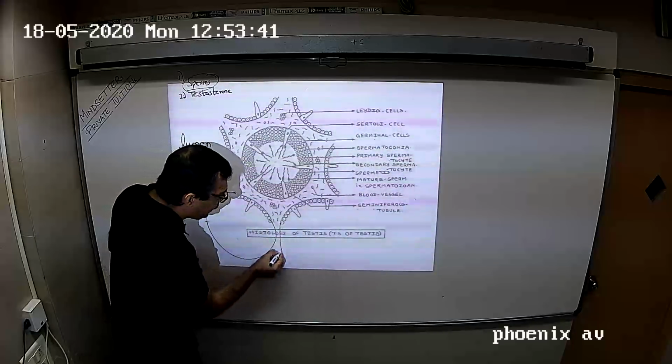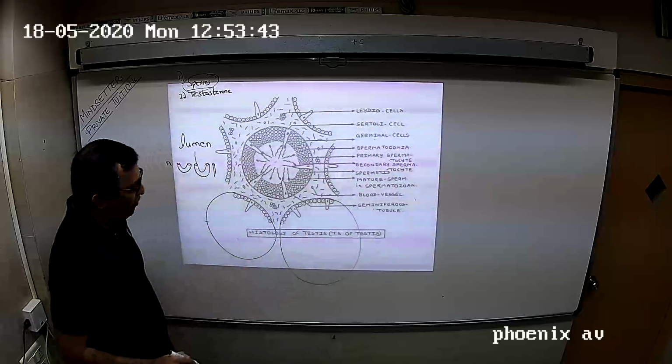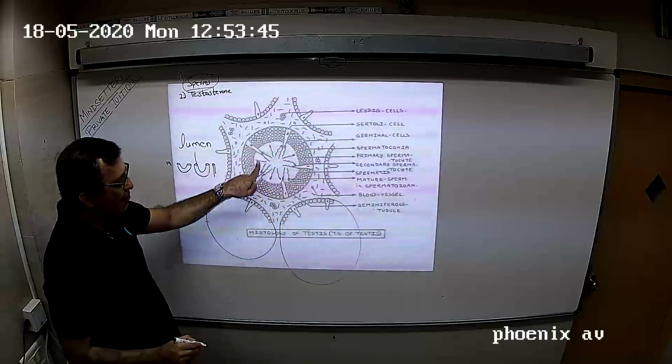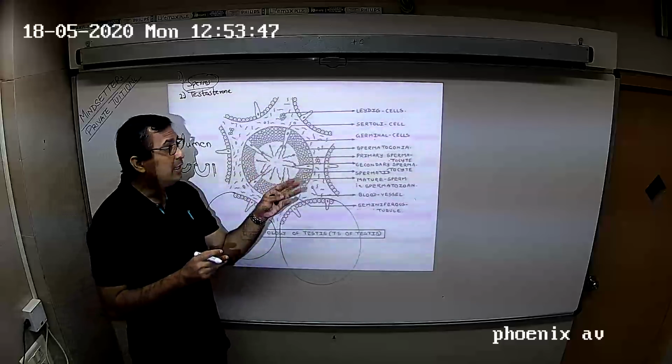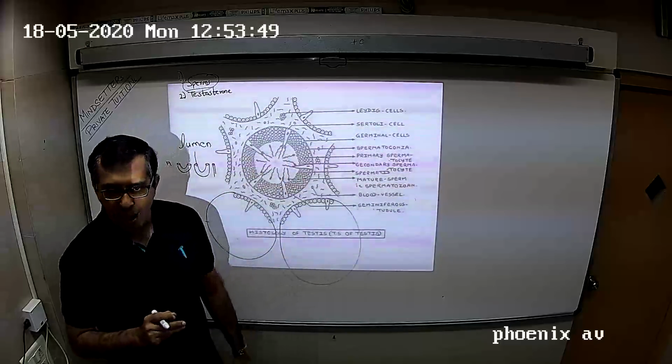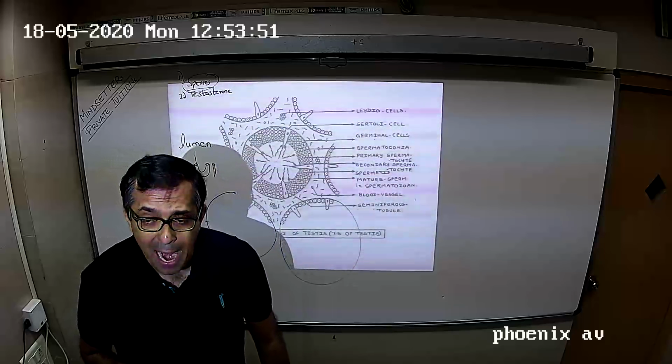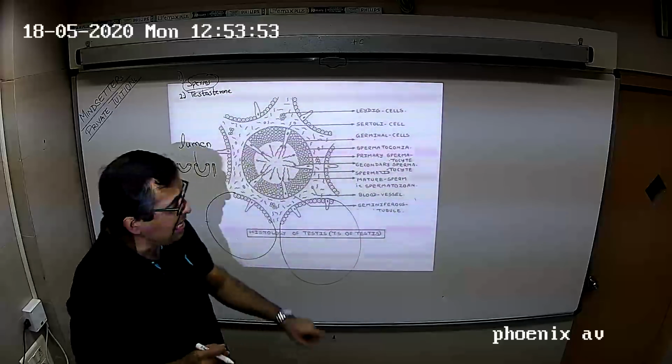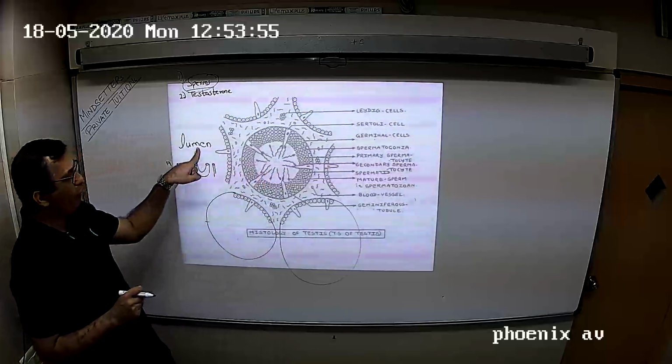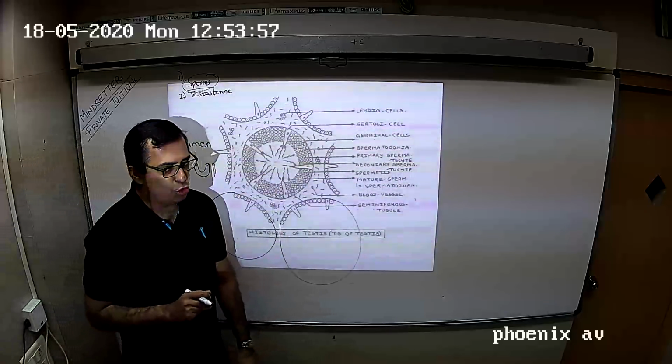I am seeing the lumen of the seminiferous tubule, and I will be able to now see the process of sperm development called spermatogenesis in the lumen of the seminiferous tubule.